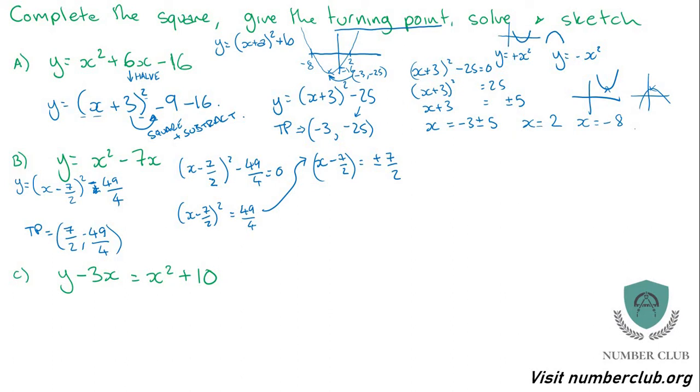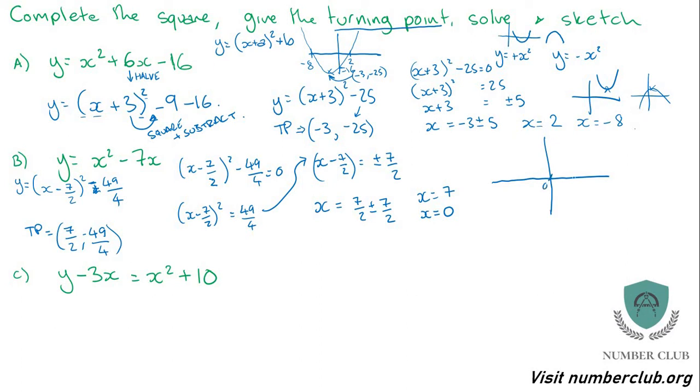The square root of 49 and the square root of 4 are 7 and 2 respectively. And so we get x is equal to 7/2 plus or minus 7/2. One of the solutions is x equals 14/2, which is 7, and the other solution is where x equals 0. So we've managed to complete the square, find the turning point, and find the solutions.